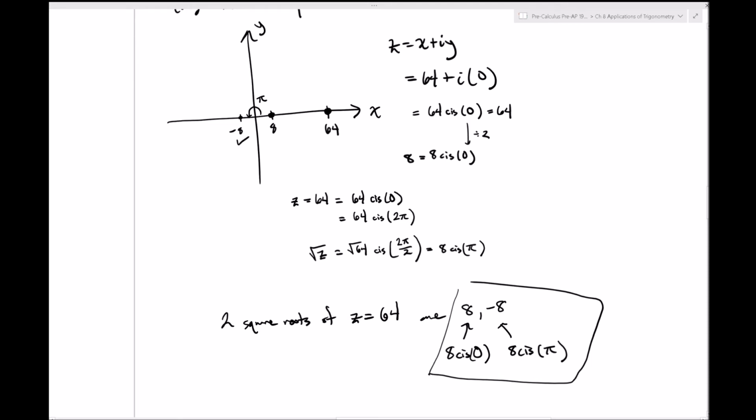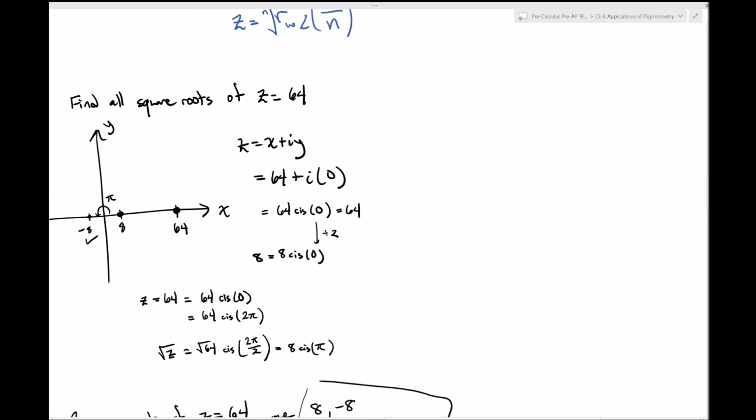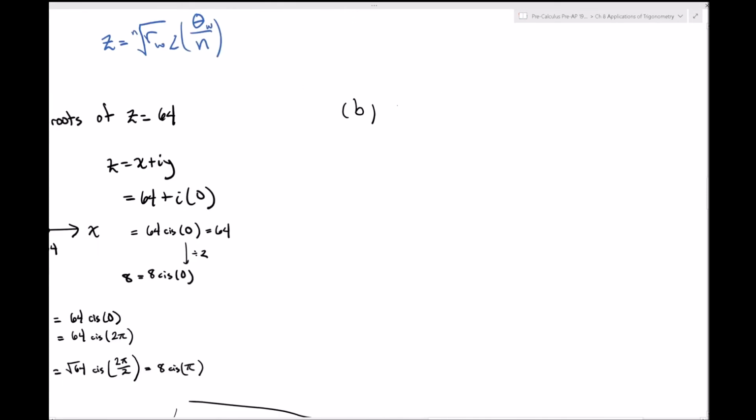So I'm going to make this a little harder. Let's try to think of this exact same situation, but I'm going to make it a little bit more abstract. So let's say part B, and you're going to do this just fine. You're going to be just fine with this type of an example. Find the roots.